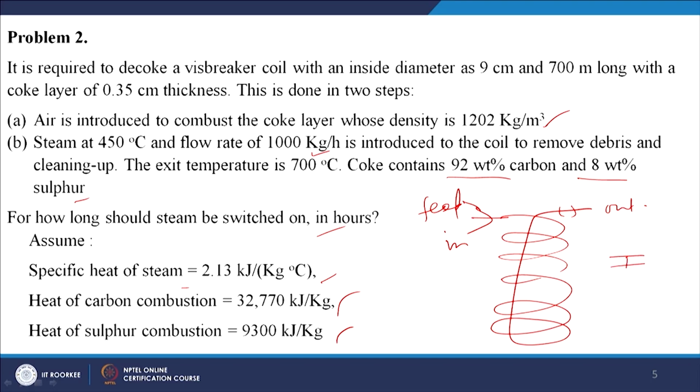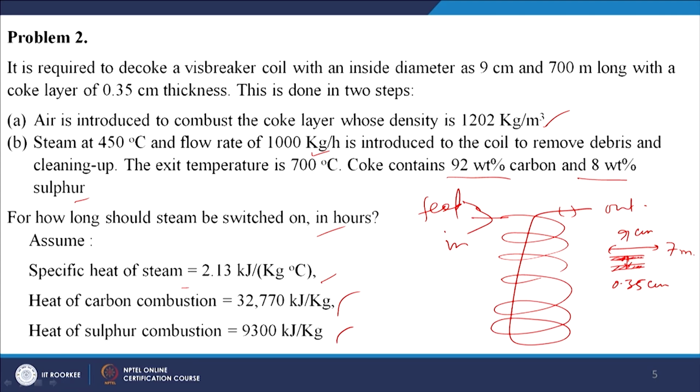It has a diameter of 9 centimeter, and inside this diameter there is some coke deposition during the vis breaking process. On both sides there will be some coke deposition inside the tube. So, this thickness is 0.35 centimeter and this length is equal to 700 meter. So, this is the problem statement.